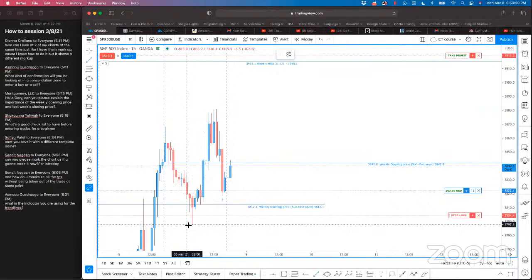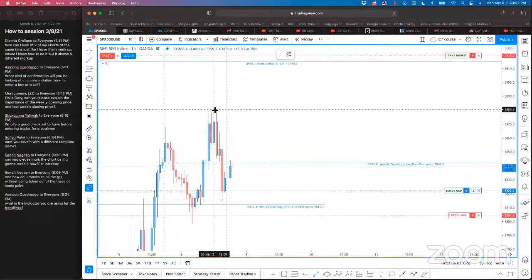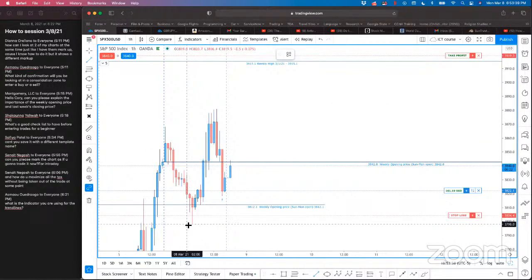So far, this price right here is my weekly low. So now that I know that, and it's only Monday, between now and Wednesday it's gonna break one of these, the high or the low, at least one of them, for sure.